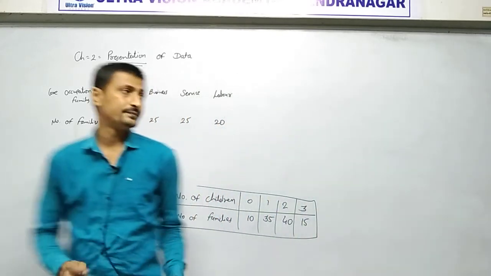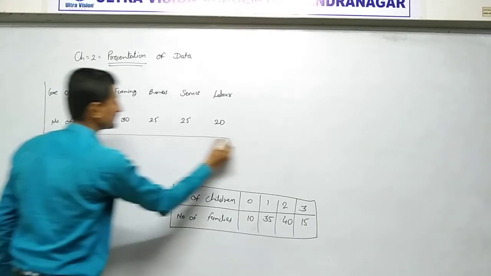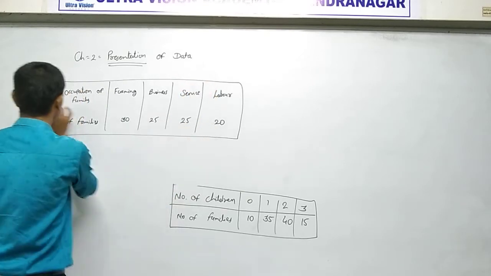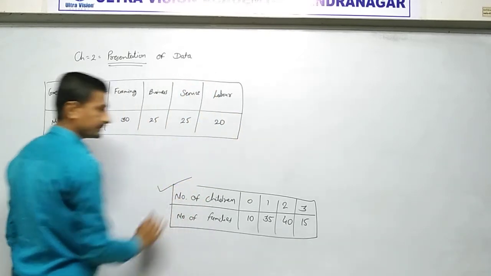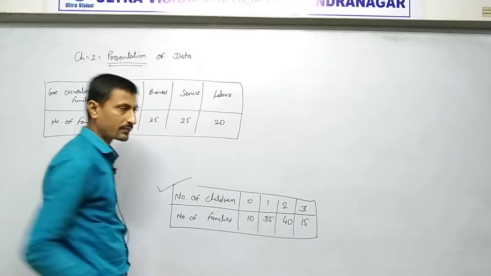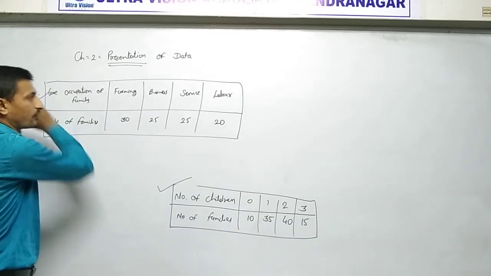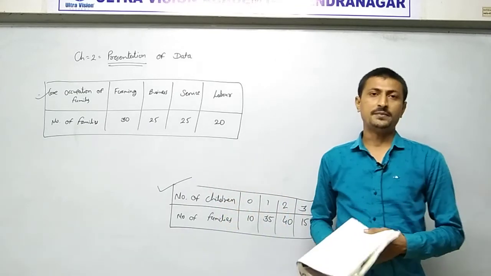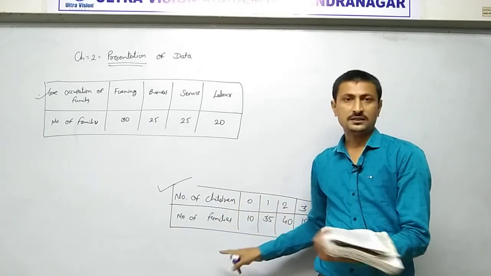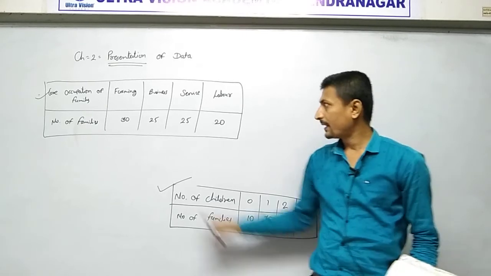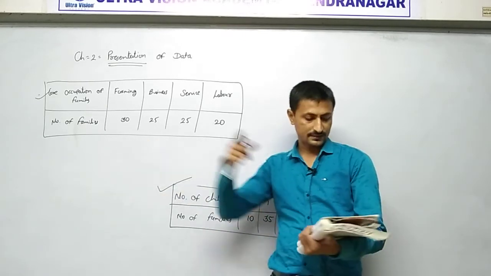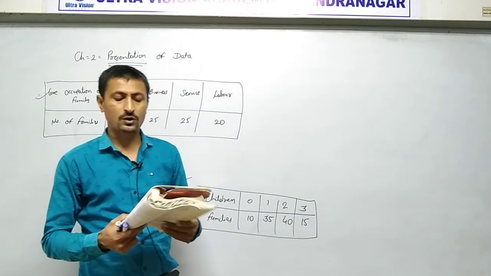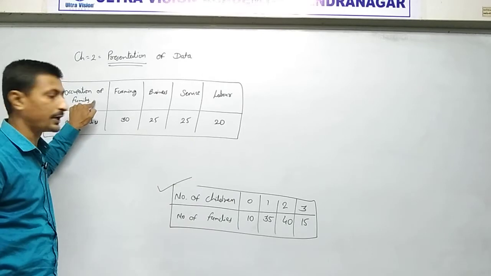Okay, so the difference here. The first table is qualitative related. Core occupation of a family means quality, and quality related means qualitative data. In the above example, core occupation of family is a qualitative variable.